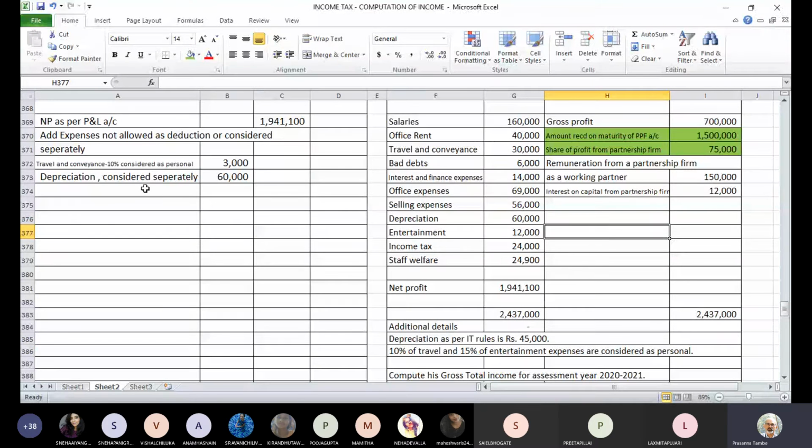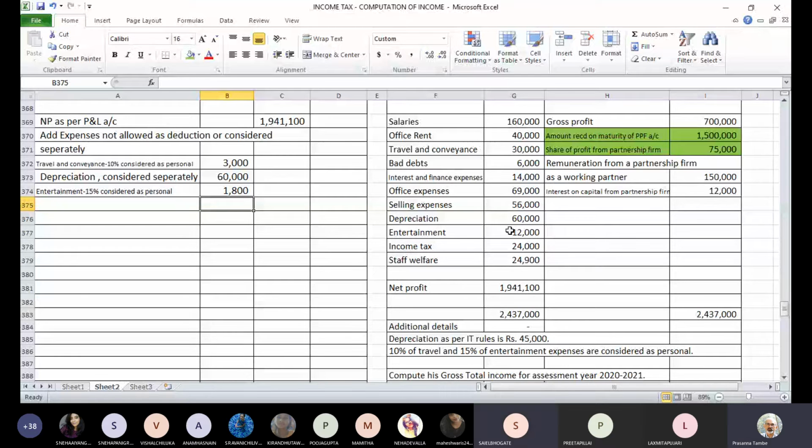So entertainment expenditure is 12,000 into 15%, and 1,800 is disallowed towards the entertainment expenditure. Have you understood this travel and entertainment related disallowance on a percentage basis?